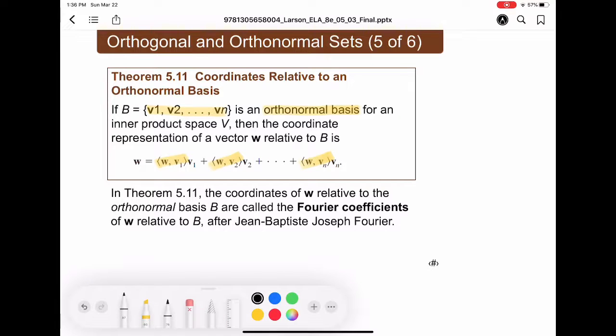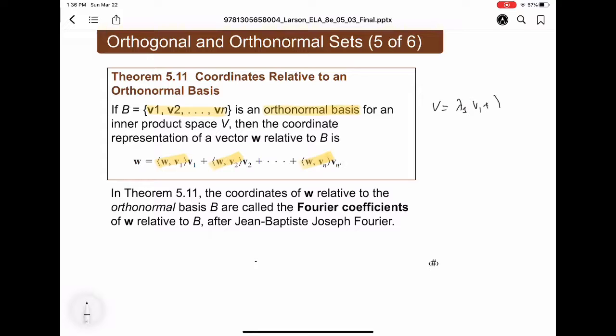If you have some vector v and you want to express v as lambda 1 v1 plus lambda 2 v2 and so on up to lambda n vn, then by solving this system you find the coordinates lambda 1, lambda 2, and so on up to lambda n. Those coefficients, the solution of this system, are the coordinates.